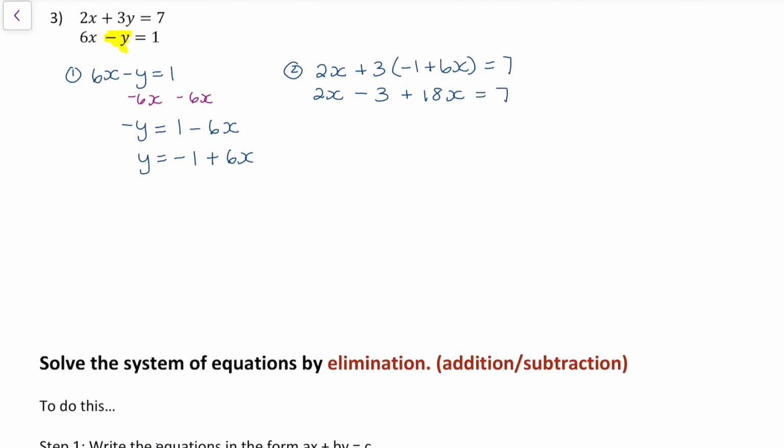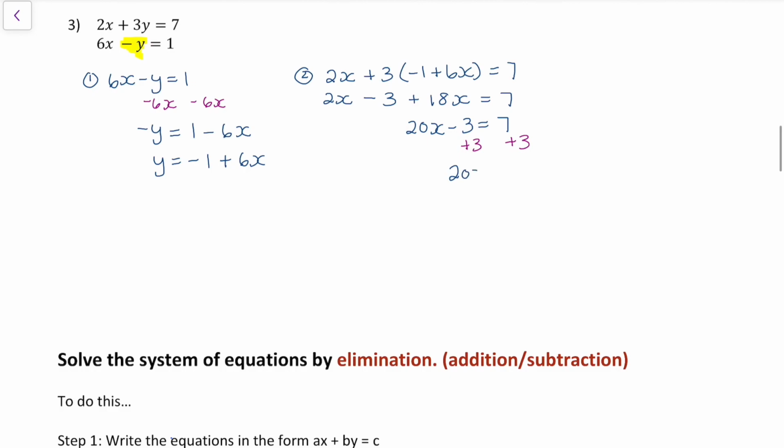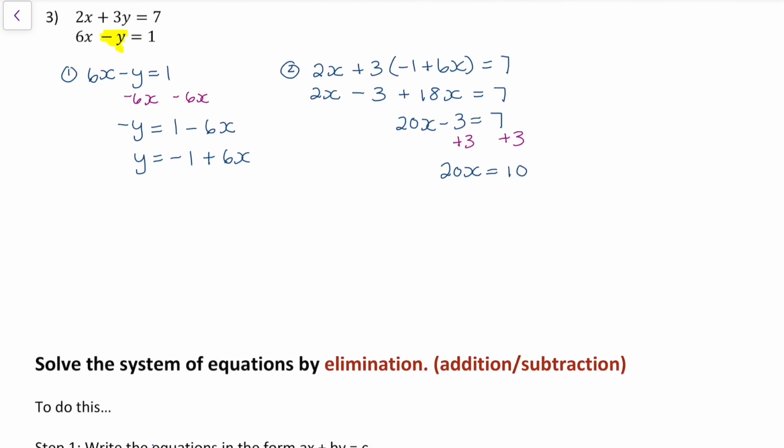I'm going to combine my x's, so I get 20x minus 3 equals 7. I'm going to add 3 to both sides to get 20x equals 10, and then divide by 20 to get x is half.